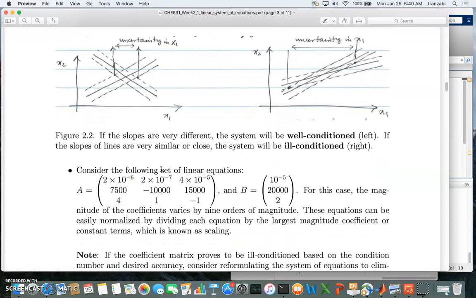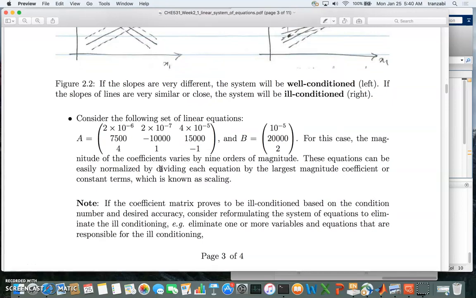Okay, and so we can basically see this behavior by looking at the elements of a matrix. If the elements of a matrix are so different, like in this case, I have 10 to the minus 6 in here, and then on some line I have 1.5 times 10 to the 3. So overall, the range between the elements is something in the range of 10 to the 9 maybe.